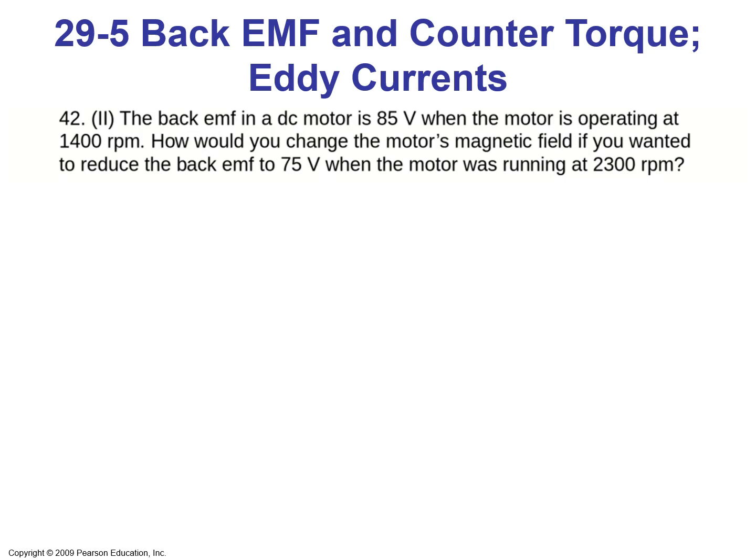Okay, the magnitude of the back EMF is proportional to both rotation speed and the magnetic field, which is given by equation 29-4. Since the rotation speed and the magnetic field are constant, the term EMF over B omega is constant.